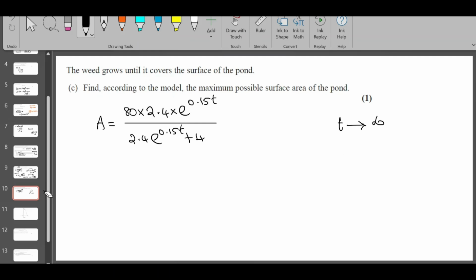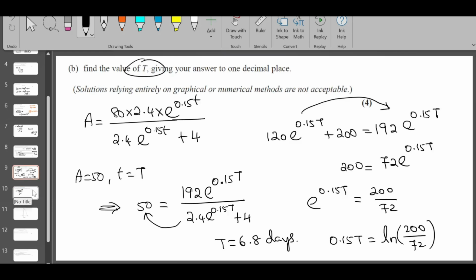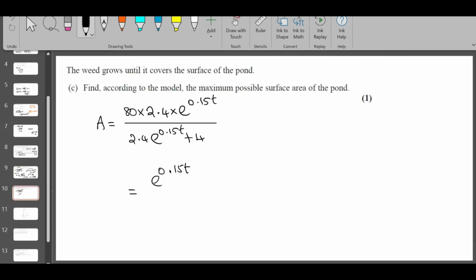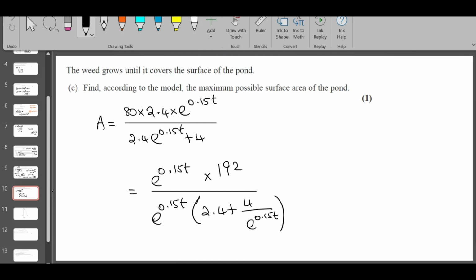So what I'm going to do, I'm going to take e power 0.15t as a common factor. 80 times 2.4, I think we calculated it here, right? 192. 192 divided by, take e power 0.15t as a common factor, you will get 2.4 plus 4 over this. Hope you understand this step.